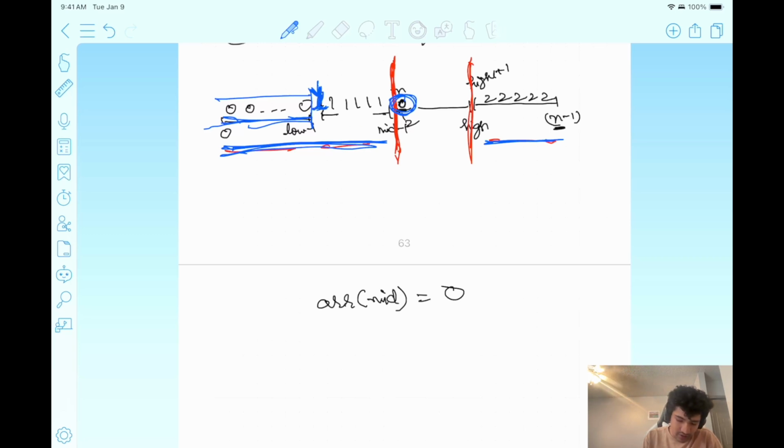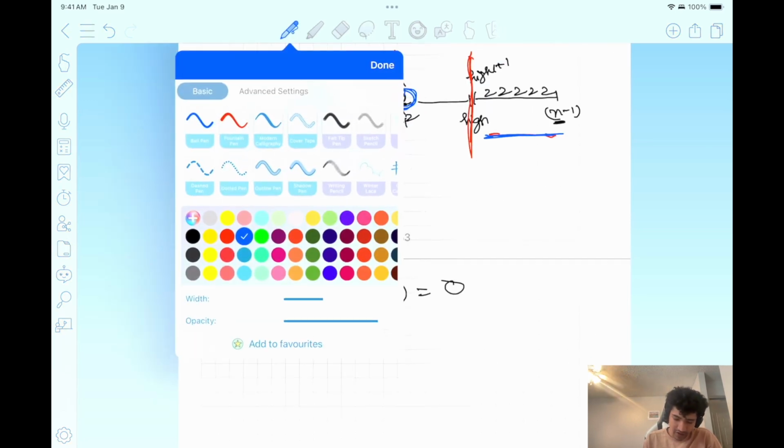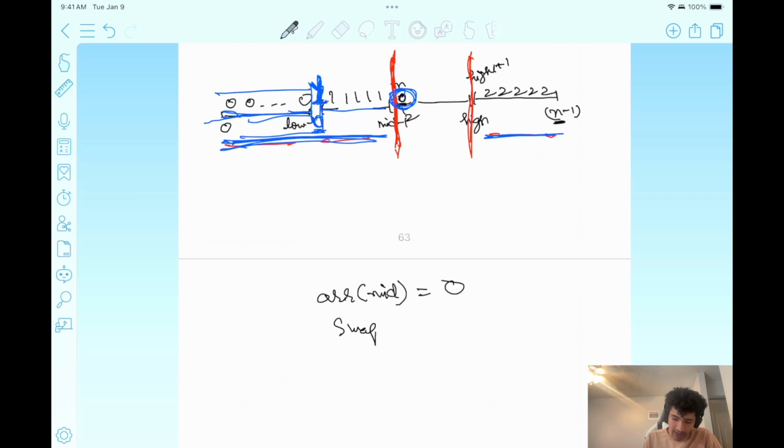So you need to put this somewhere at your low, right? So this will basically become 0 0, and so this is done. So this is fine if you put your 0 over here. So we can say that if array of mid is equal to 0, then we'll swap mid with low, right? And then since you have swapped mid with low, 1 maybe will come over here, 0 will be here, and since you have 1 over here, your sorting space should now be reduced to this.